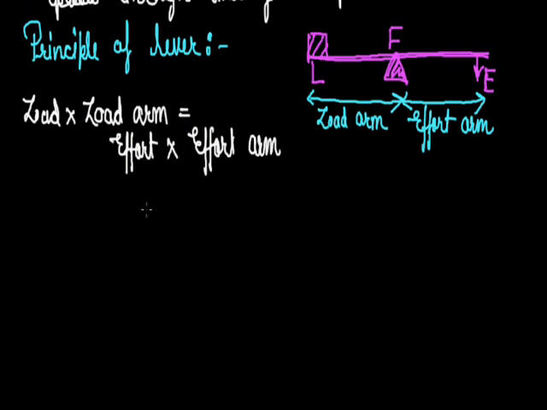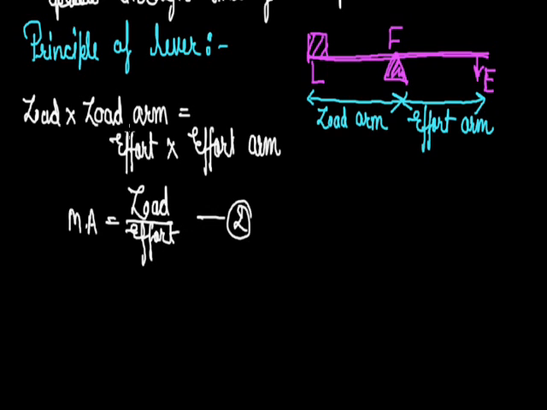As we know, in the last class I discussed that mechanical advantage is defined as the ratio of load and effort. So mechanical advantage is load upon effort. Suppose it is the second equation and this is the first equation.